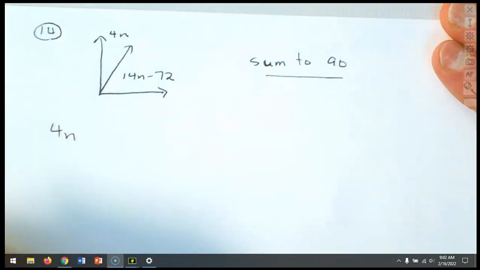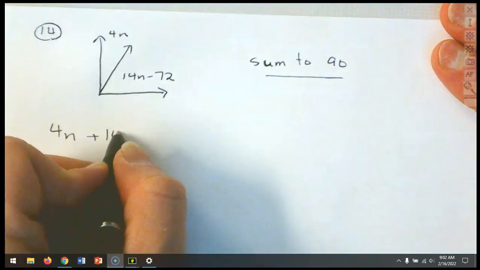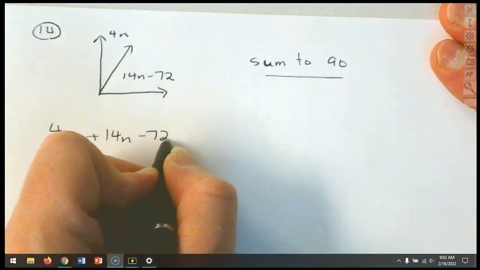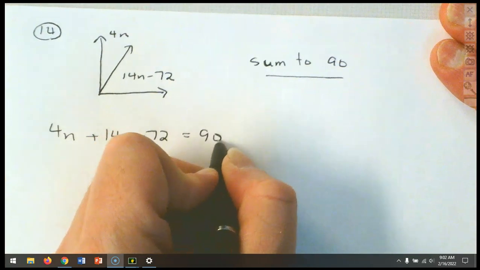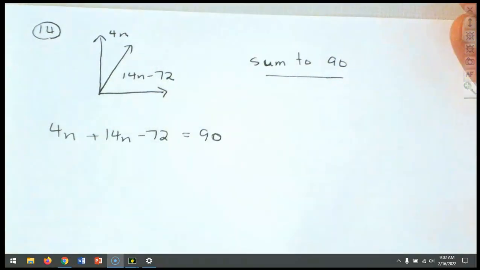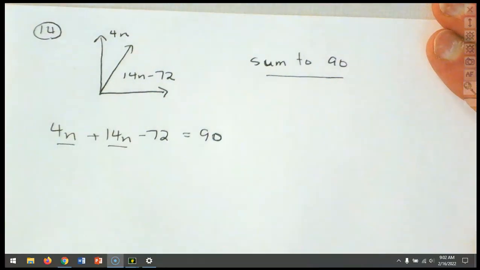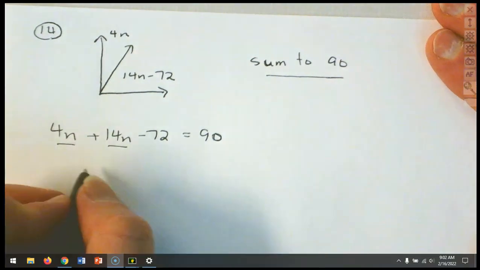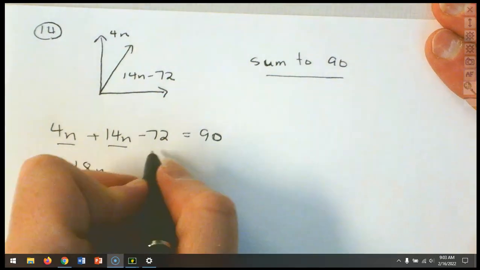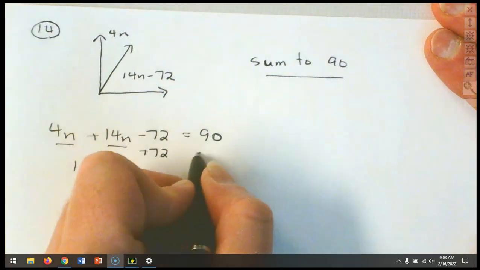Writing it out, we've got 4n plus 14n minus 72. That equals 90. Okay, those are complementary. Go ahead and combine. 14 and 4 makes it 18n. I'm going to add my 72 over.